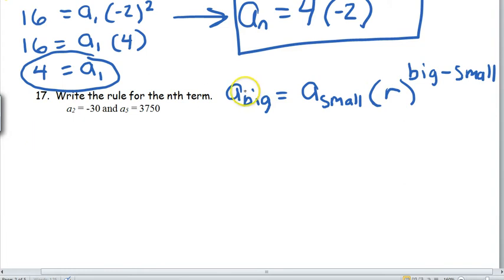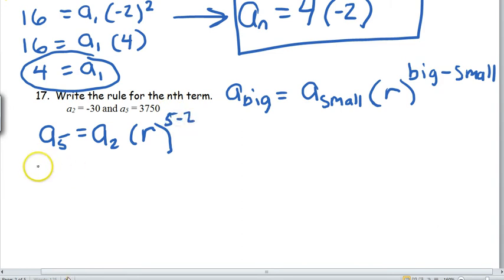Okay? So A big, that's A5, equals A small, that's A2, times R, I don't know what that is yet, big minus small power, that's 5 minus 2 power.